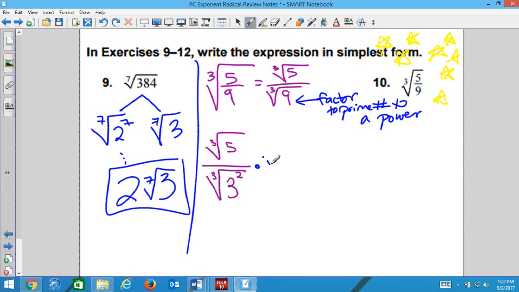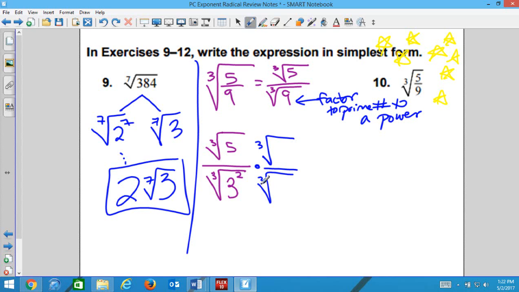We have to multiply, and it has to be a cube root that we multiply by. So that's the only way I can multiply these numbers together, if they have the same root. So I need to multiply by something. Whatever I multiply by, I need the bottom to end up as a perfect cube underneath. Right now it is squared underneath. I need it to say cubed underneath.